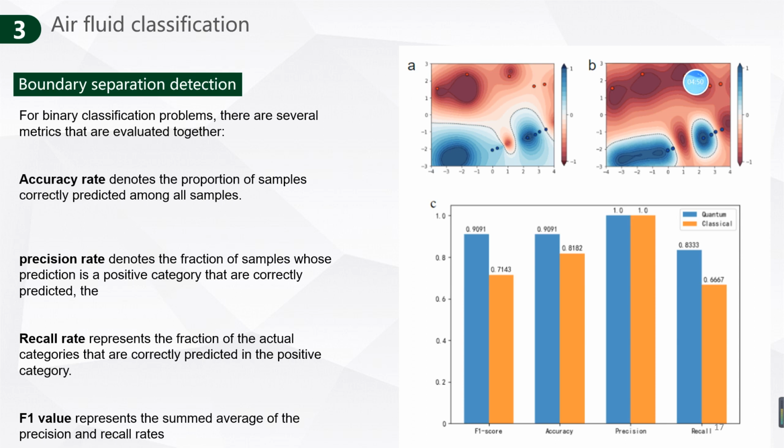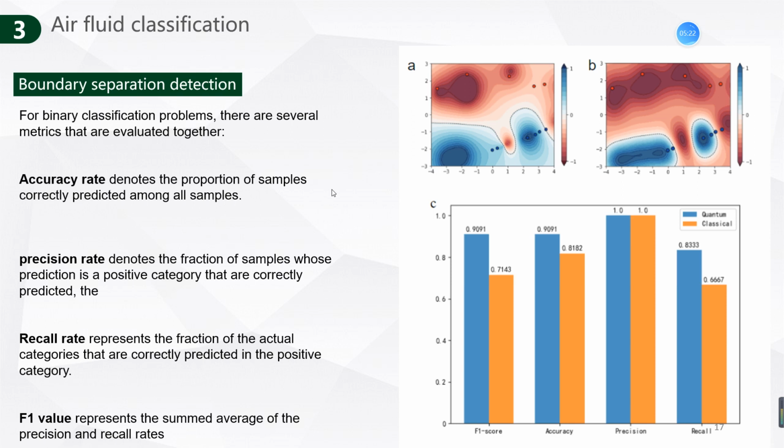And let's see our result. So the figure demonstrates our result. A represents the resulting hyperplane of classical classifiers, and B represents the resulting hyperplane of the quantum version classifiers.